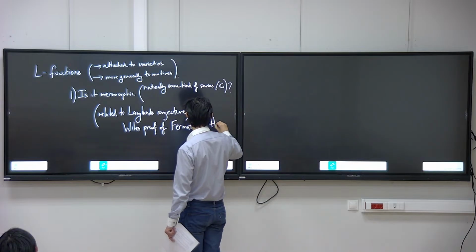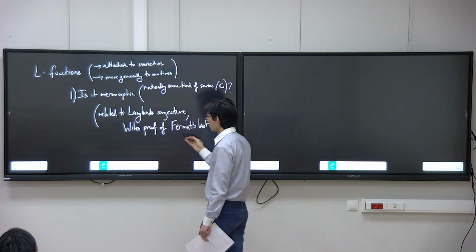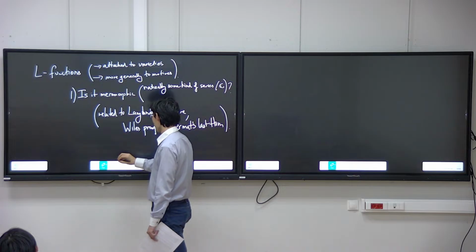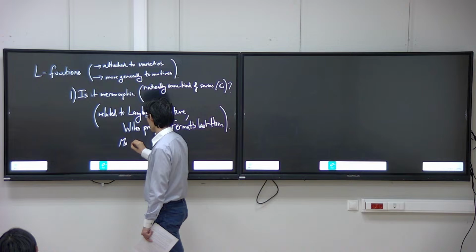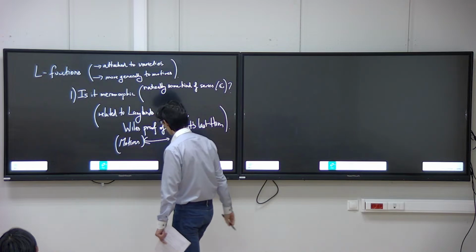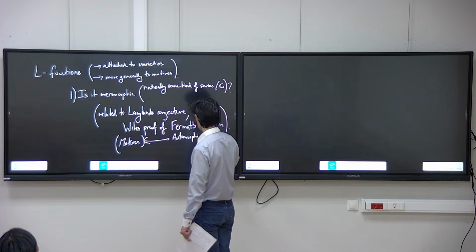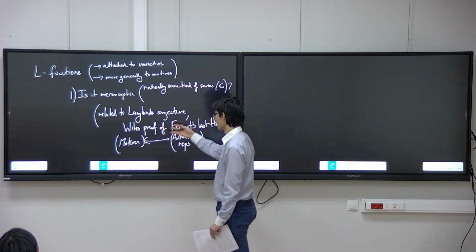I guess next semester I will maybe talk more about this point of view. The point is, in the Langlands conjecture, you want to relate, roughly speaking, motives to automorphic representations. This was also how Wiles proved Fermat's last theorem.